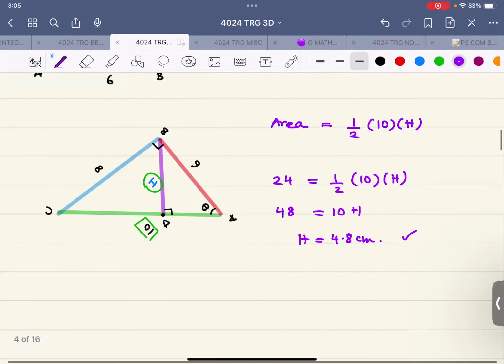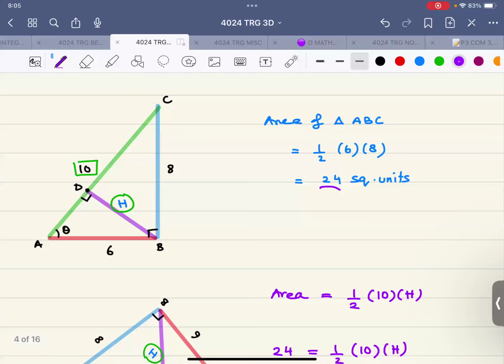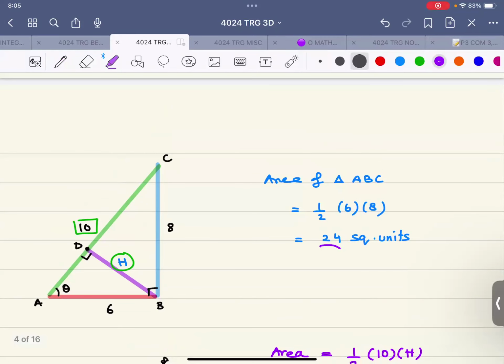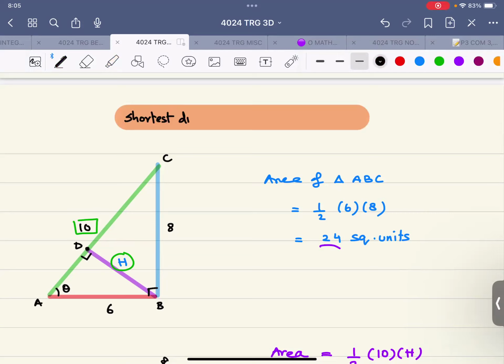So this is known as the concept of shortest distance from point to a line. Shortest distance from point to a line. That is the perpendicular distance.